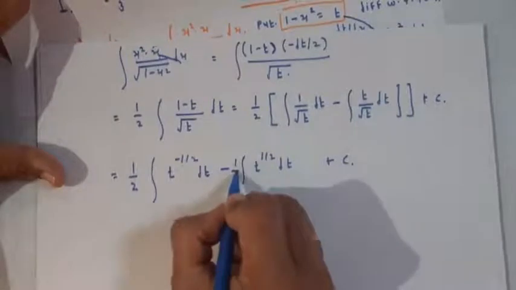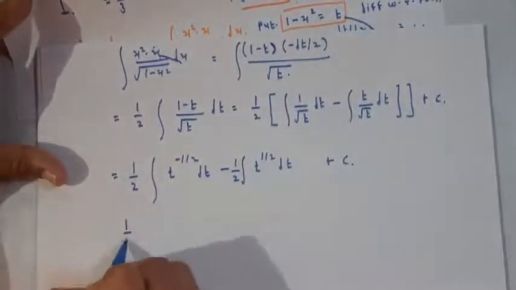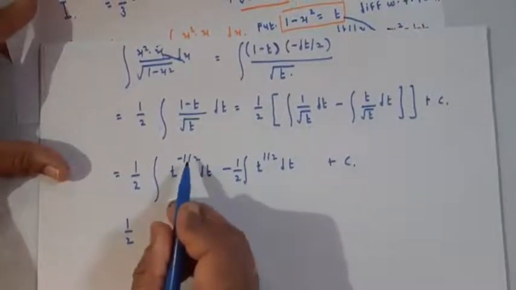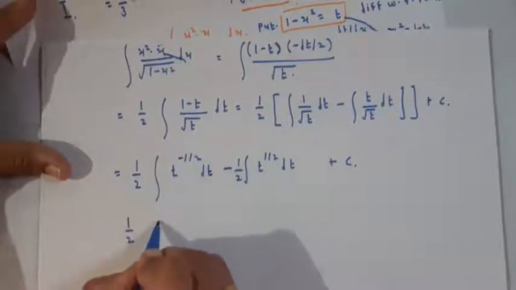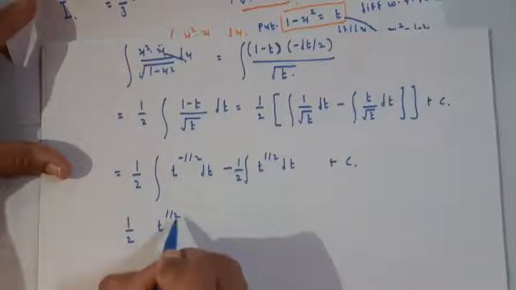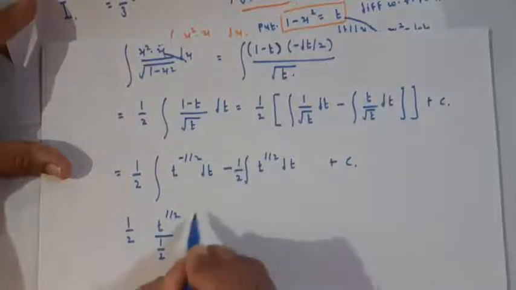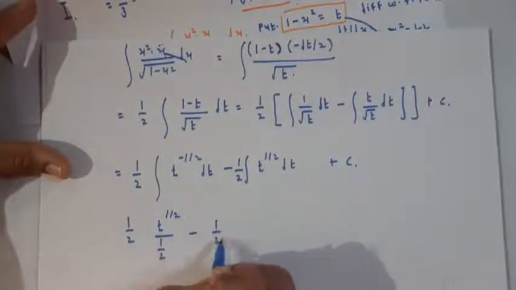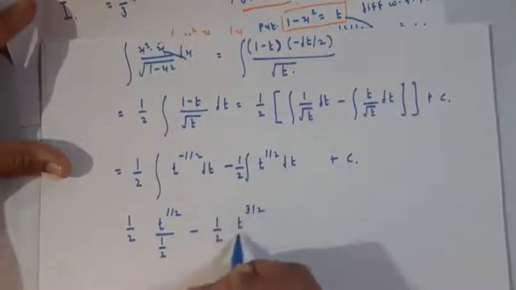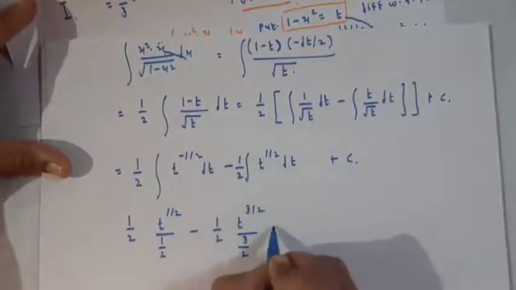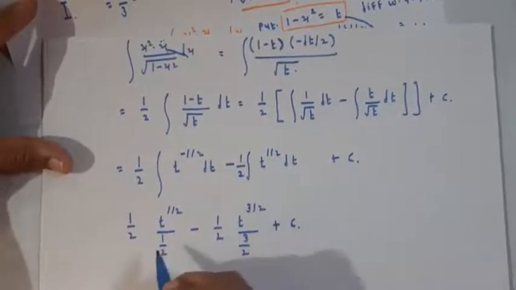Now half into x raised to n plus 1 upon n plus 1 formula, that is t raised to minus half plus 1, that is t raised to 1 by 2 upon 1 by 2, minus this half as it is, t raised to 1 by 2 plus 1, that is t raised to 3 by 2 upon 3 by 2, plus constant of integration c.